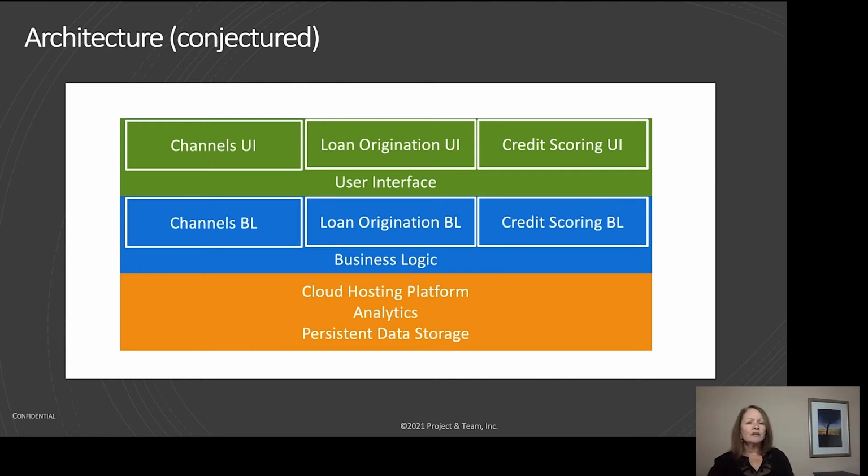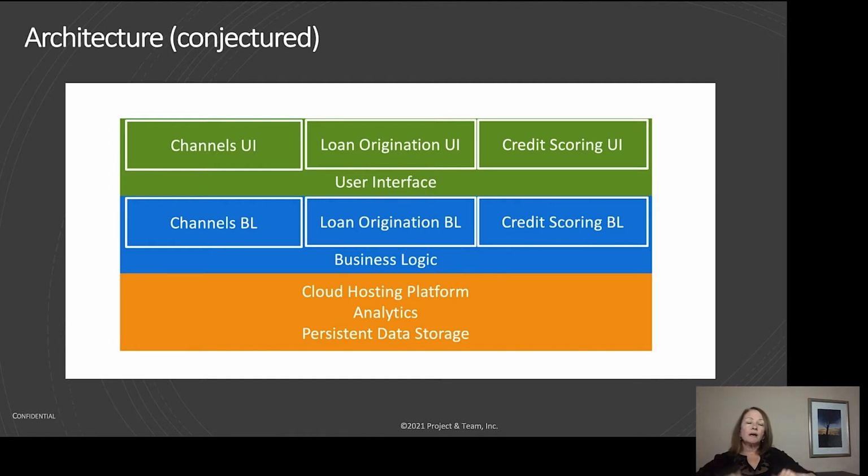So it's a simple three-layered architecture with an underlying platform that provides analytics and persistent data storage, then a business logic layer supported by the people who understand the business rules and the business side of the applications, and a user interface layer supported by people who do design thinking and understand user interface design and user interaction.